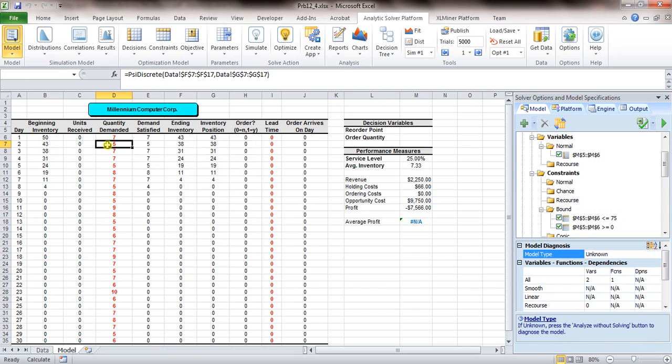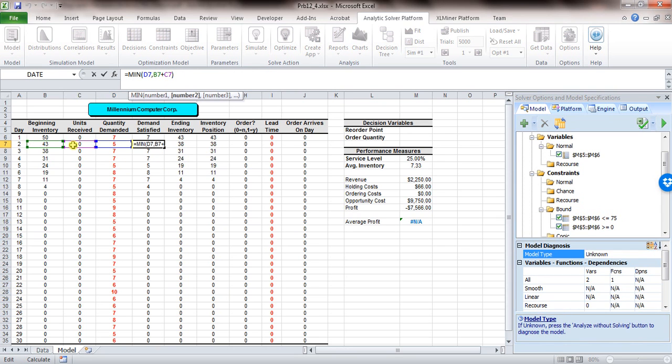Quantity demanded remains uniform with the discrete function, and demand satisfied is the minimum of beginning plus units received or the quantity demanded. Ending inventory is the difference between the demand and how much was satisfied.